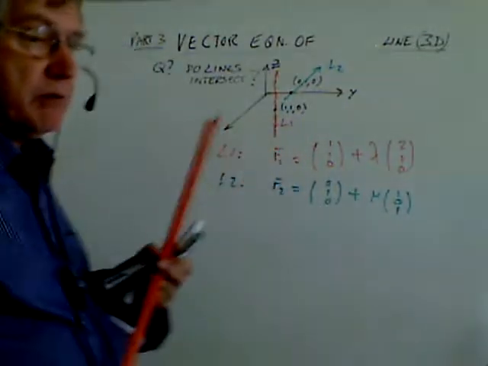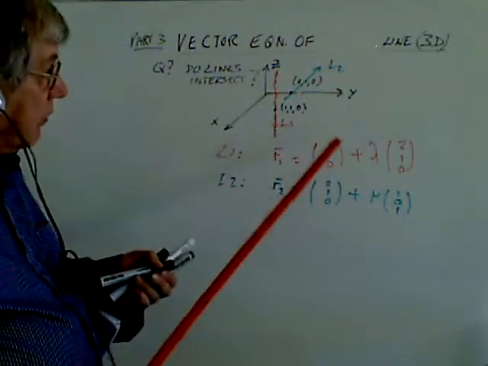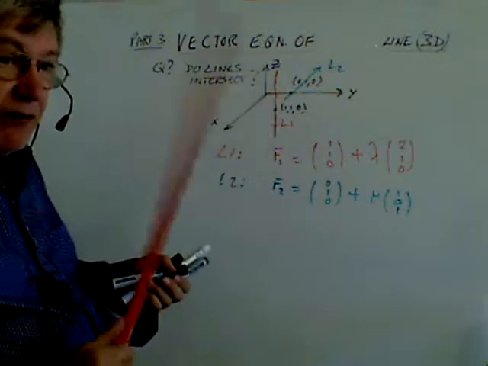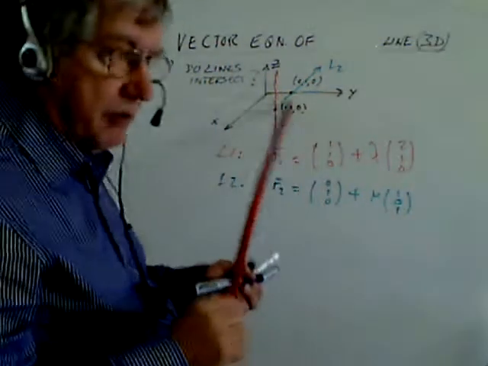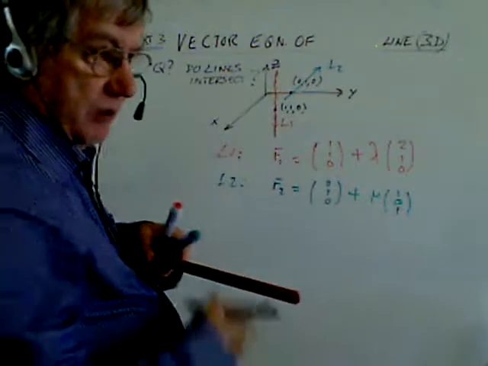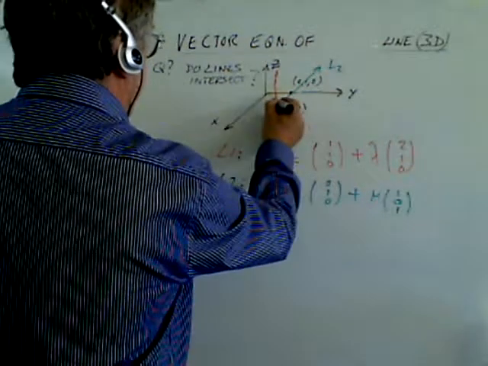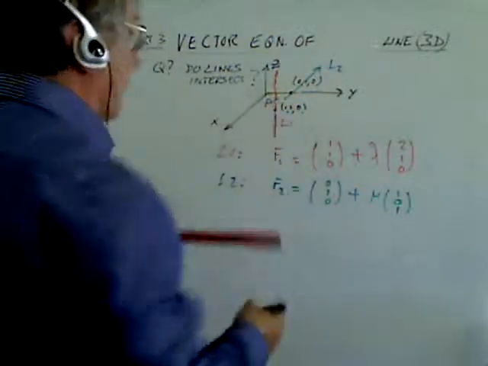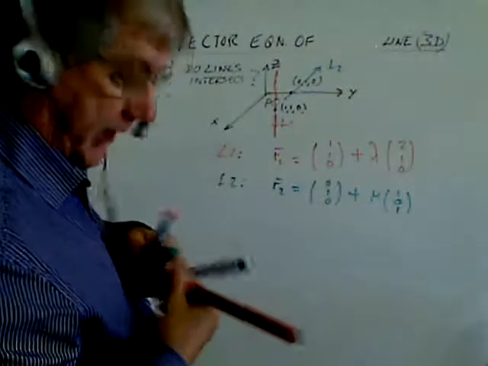So how are we going to solve that problem? Well, if there is a point of intersection, call it point P. It may not be, but let's assume there is somewhere where these lines may intersect.